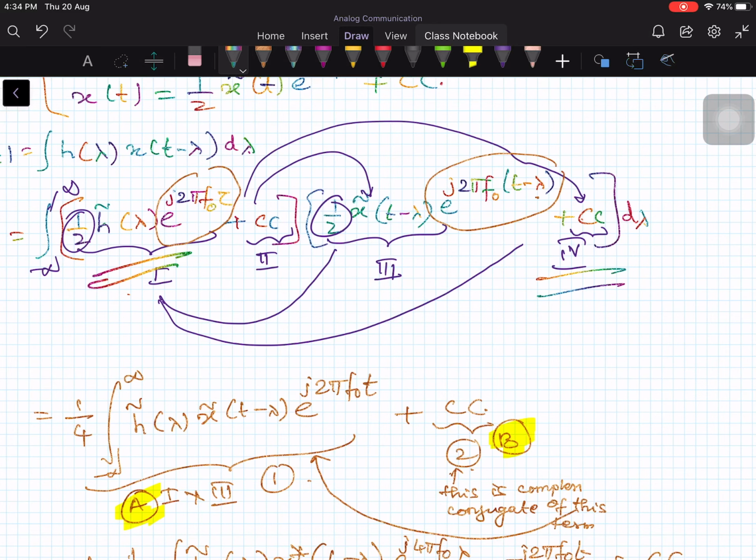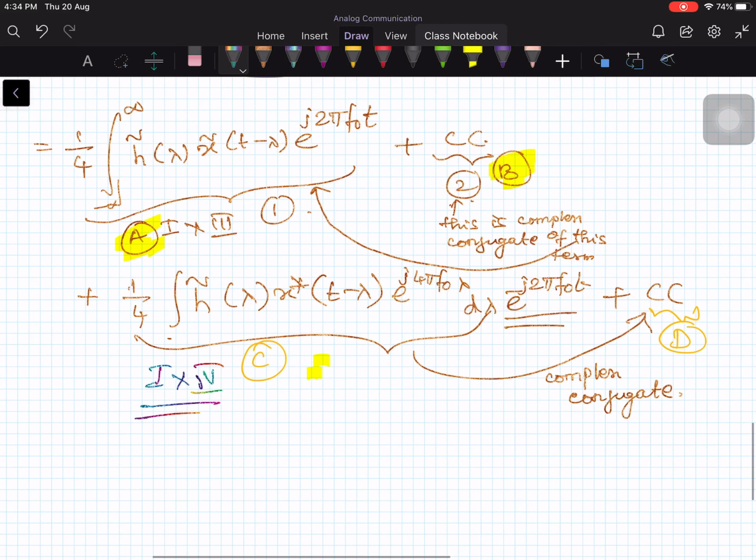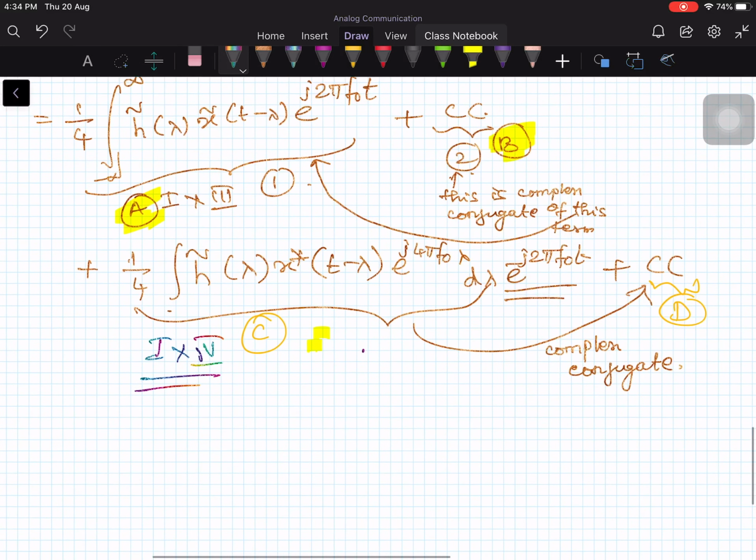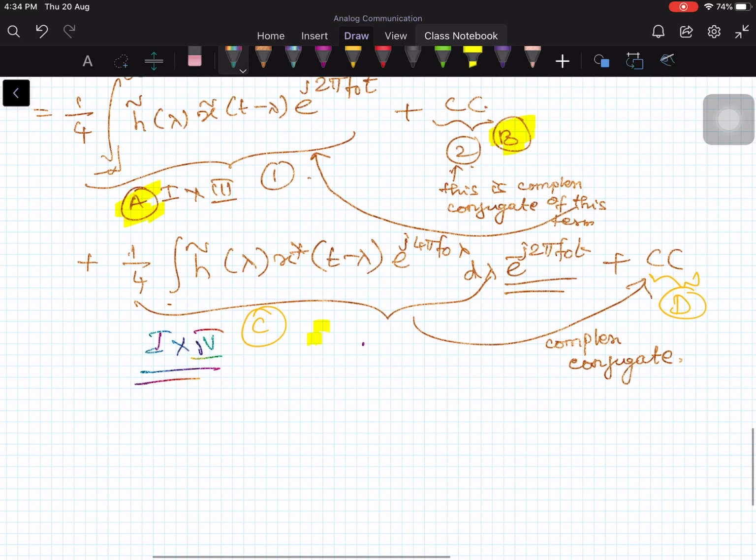If you multiply those two terms, I will get the C term. Now what can you say about the C integral? Because you are doing the integration with respect to e to the j 4 pi f naught lambda. The integration is with respect to lambda.